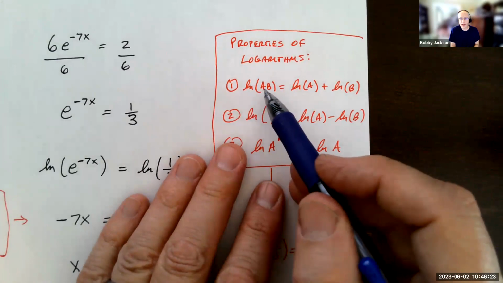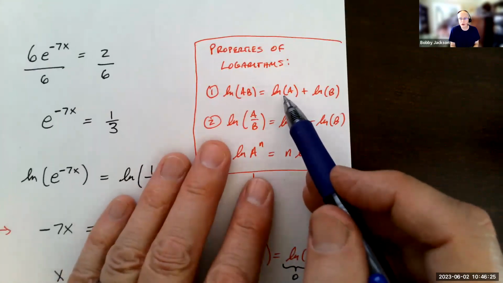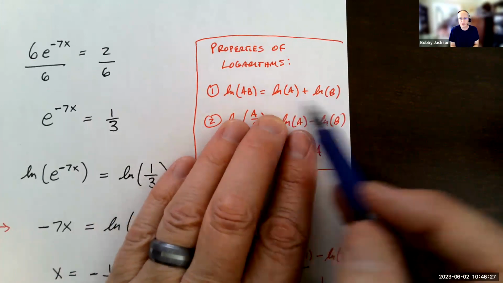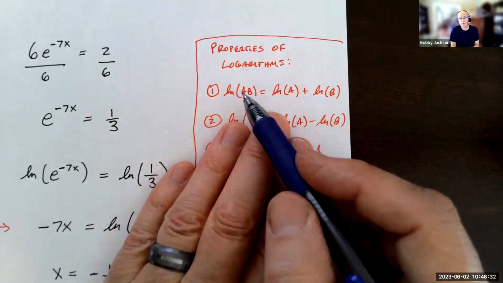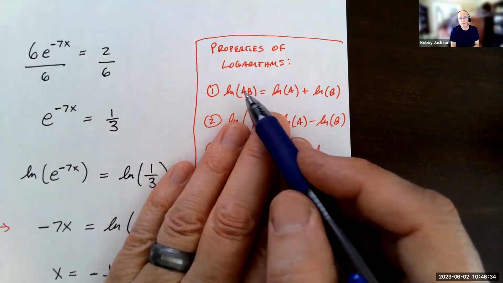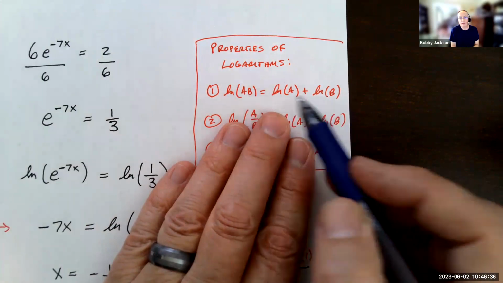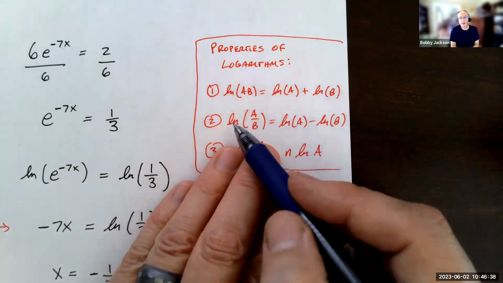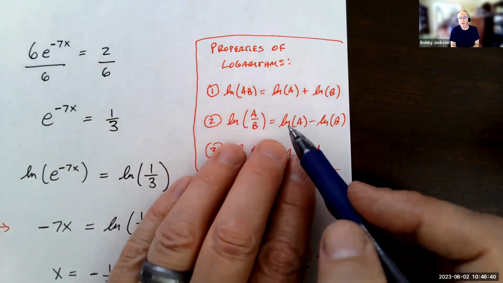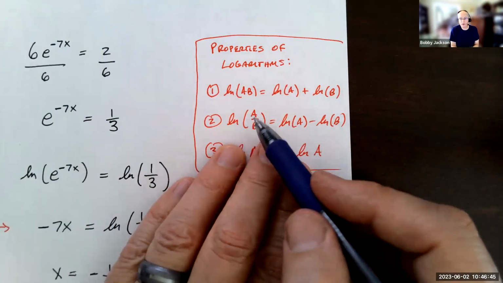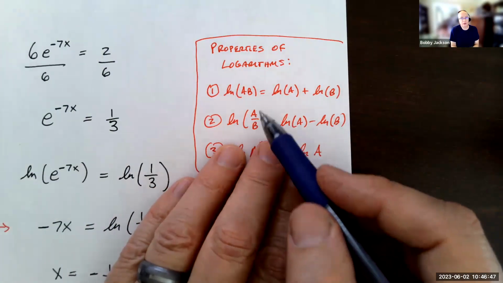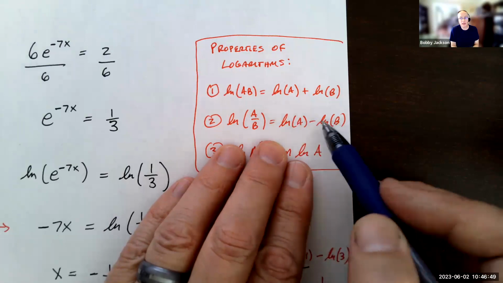The natural log of a times b is the natural log of a plus the natural log of b. Again, this should make sense when you think of logarithms as exponents. What do you do with the exponents when you multiply like bases to different powers? You add the powers, right? The natural log of a divided by b is the difference of the logarithms. Why is that? Again, if you're dividing like bases to different powers, you subtract the exponents in the correct order.